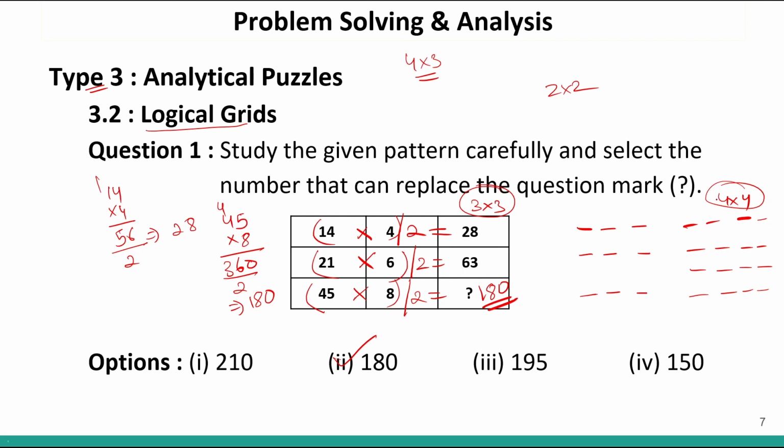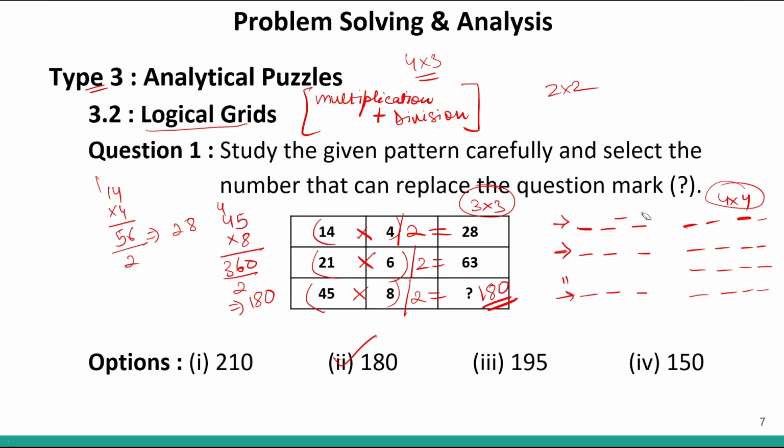Now, various mathematical operations will be followed. In this particular question, we got multiplication plus what? Division. So this logic was followed. These were the mathematical operations that were followed in this type. Now, one way can be that certain operations are done on these 2 rows to get the third column. Or certain operations are done on these 2 rows to get the third row.